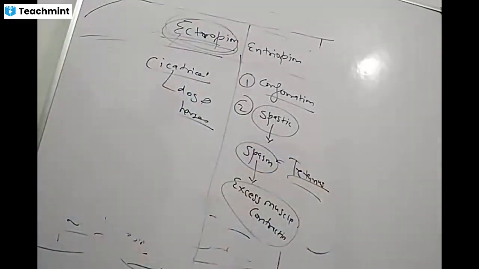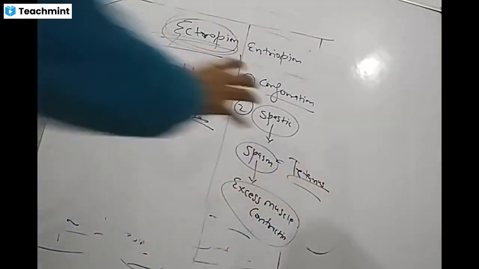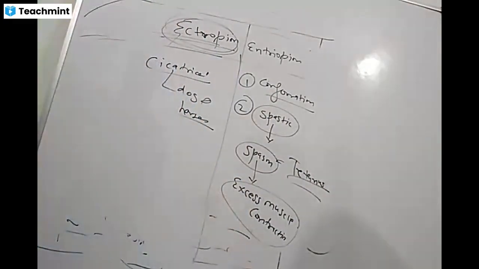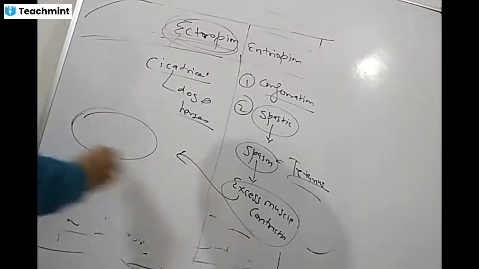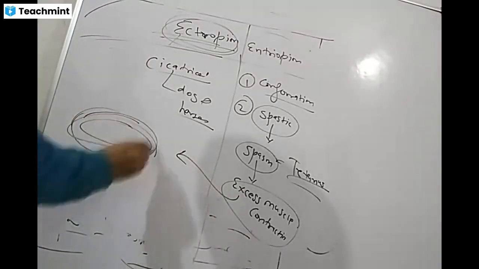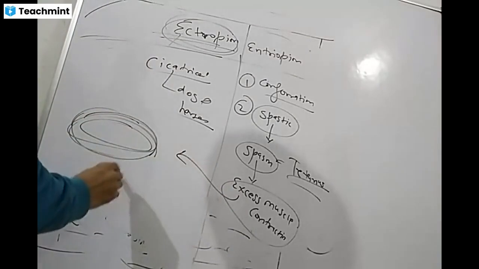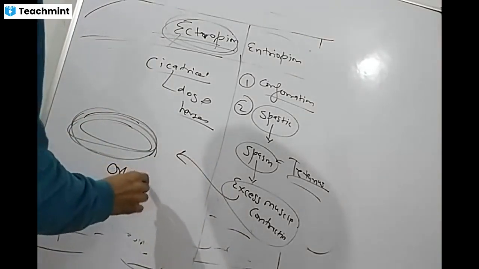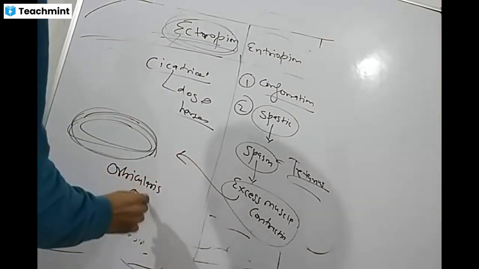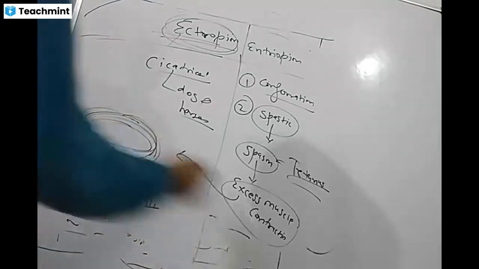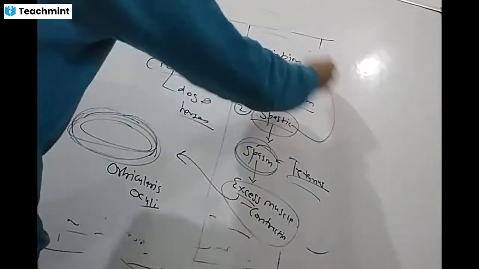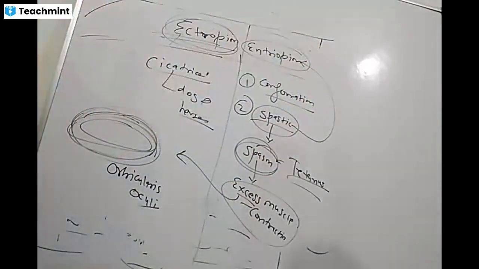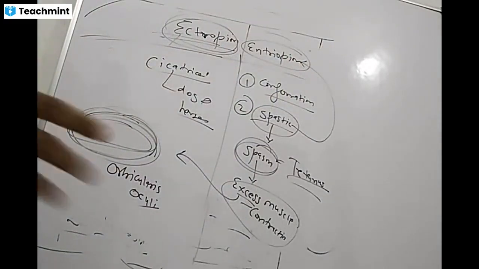Similarly, here there is excess muscle contraction of the circular muscle, the orbicularis oculi. When this muscle contracts excessively, spasm may lead to spastic entropion.